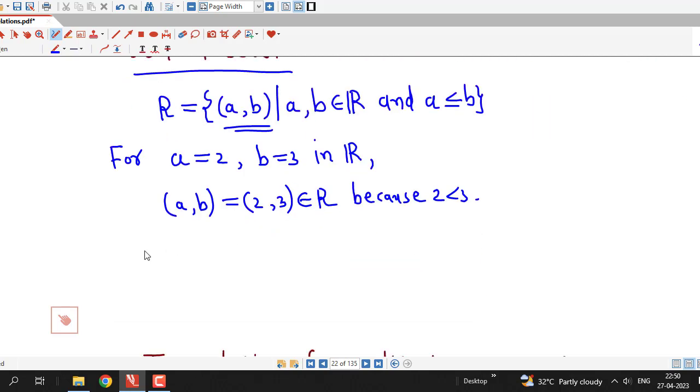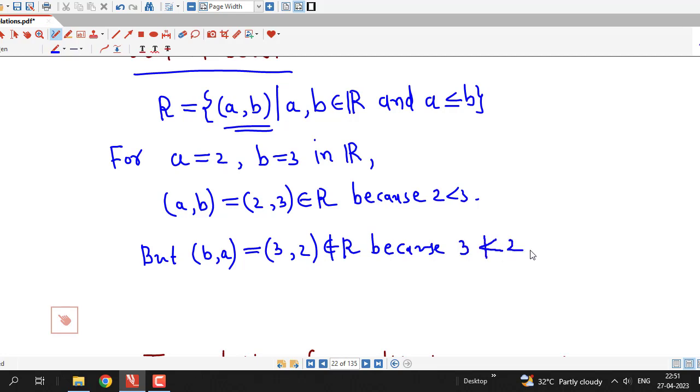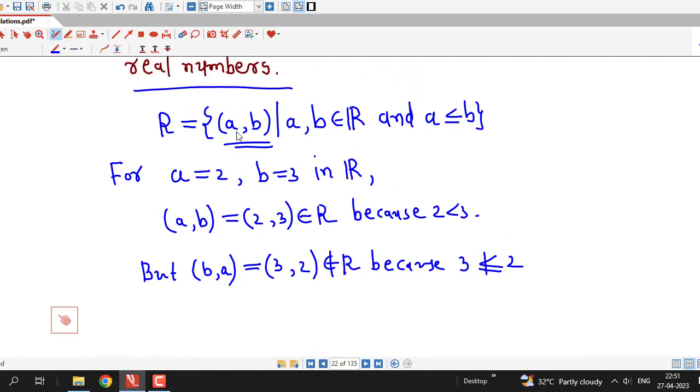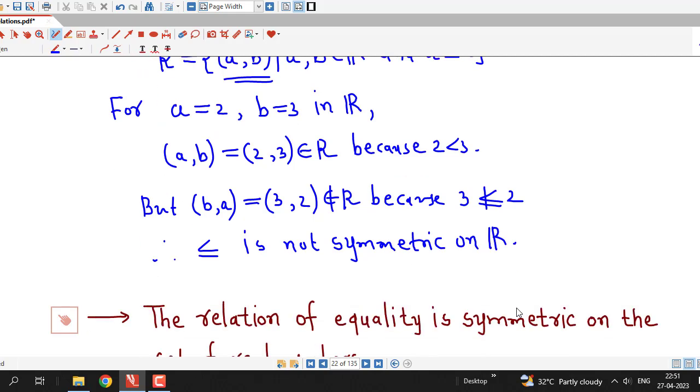But suppose we reverse the order and find (b, a), that is (3, 2). Now this is not present in R because 3 is not less than or equal to 2. Therefore, this relation is not symmetric. Therefore, the less than or equal to relation is not symmetric on the set of real numbers, or on R.